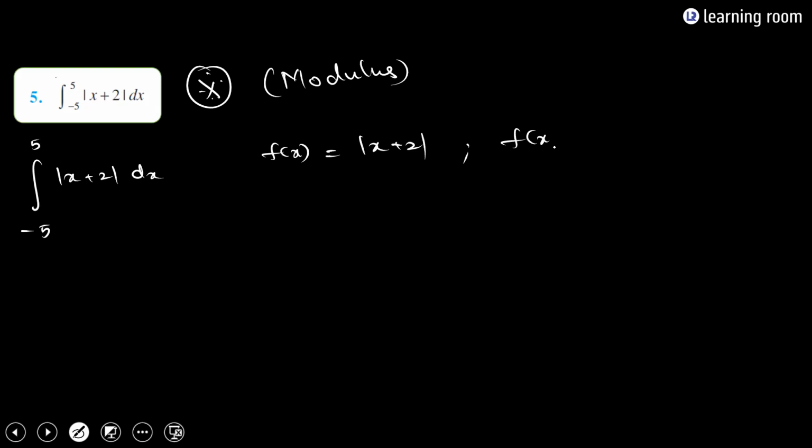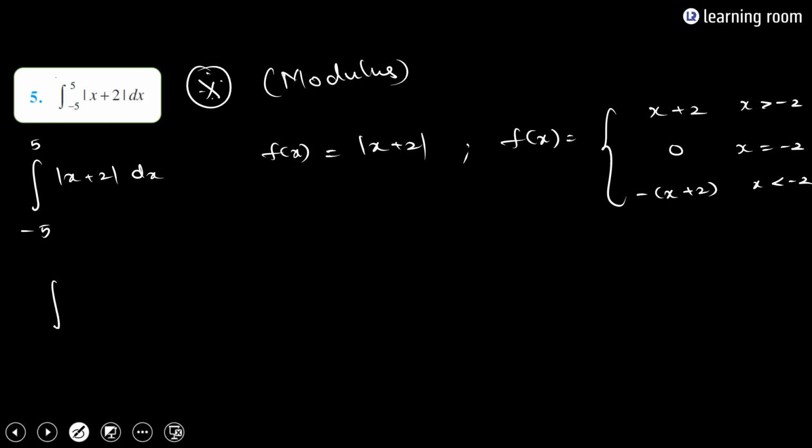Then f of x will be equal to x plus 2 when x is greater than minus 2. It is 0 when x is equal to minus 2. And it is minus of x plus 2 when x is less than minus 2. That is what the modulus function is.